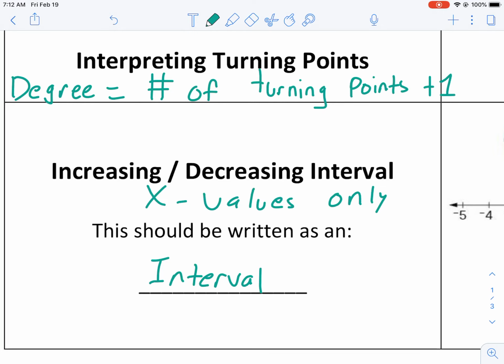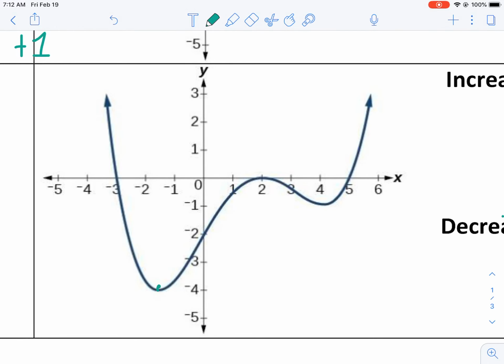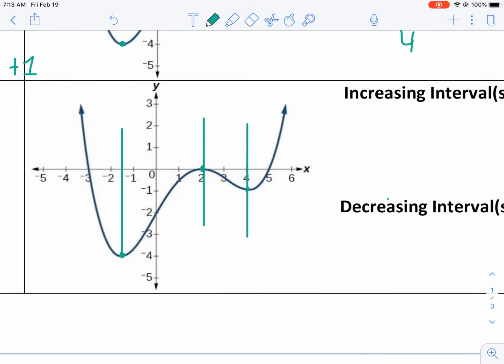Okay, and that's kind of important. So we want to look at where the turning points are on the x-axis, because that's when they stop increasing and start decreasing, or vice versa.